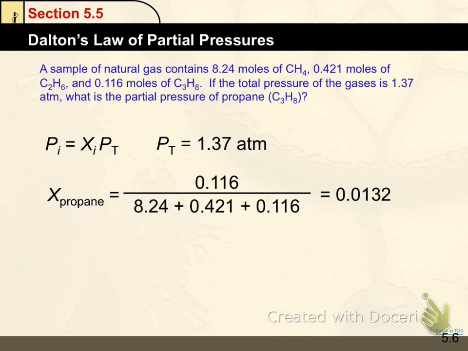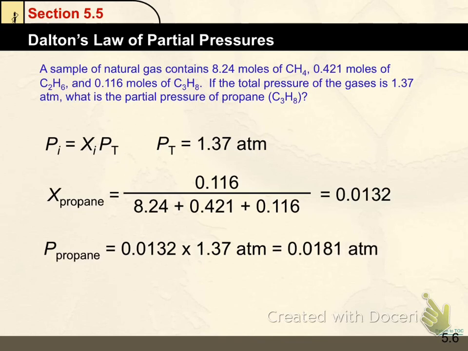Again, if you want to make that a little more visual, think about this: our sample is about 1.3% propane. That's more visual. I can see a pie chart in my head. So if we want to know the pressure just due to the propane, 0.0132 times 1.37, and there we go.